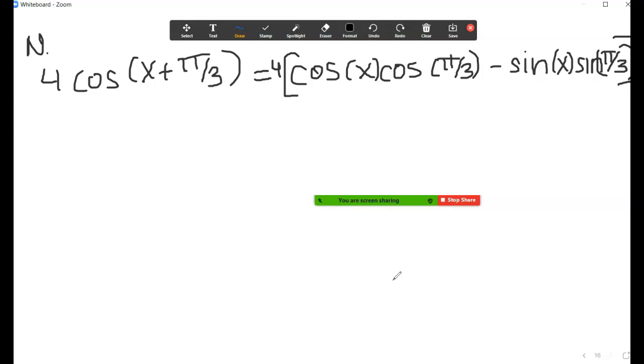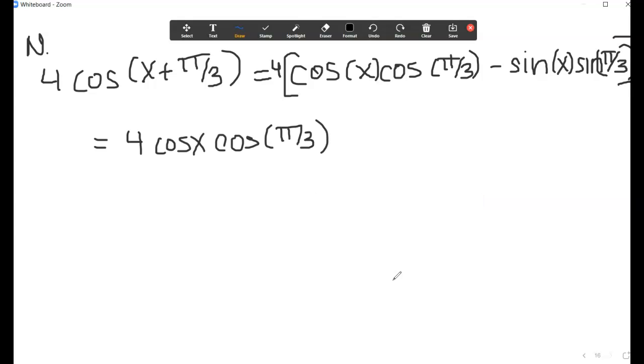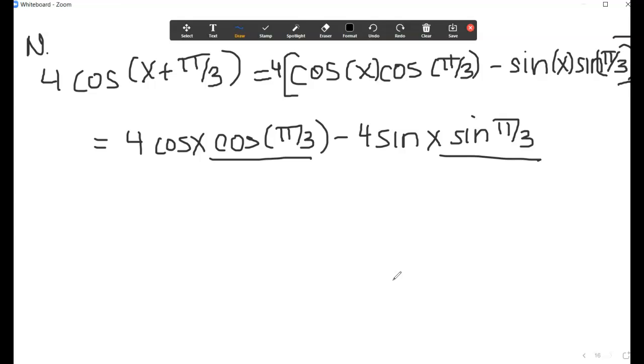So now you simply clean this up a little bit, and you get 4 cosine x cosine pi thirds minus 4 sine x sine pi thirds. But the thing is that sine and cosine of pi thirds are on our unit circle. The sine of pi thirds is root 3 over 2, and the cosine of pi thirds is a half.